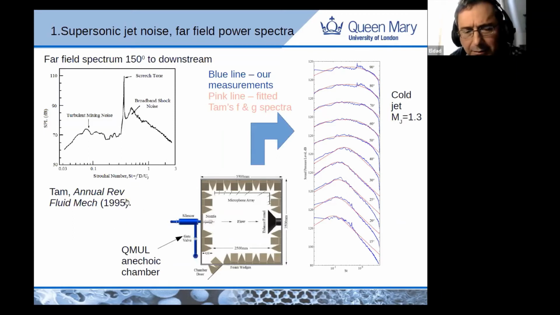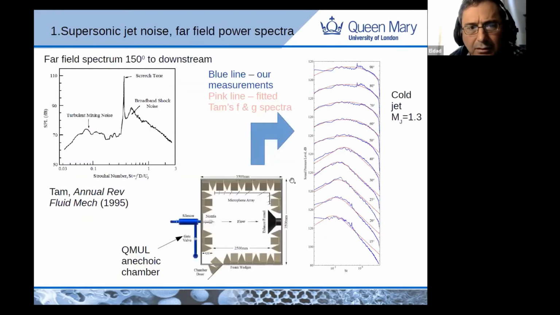The background of the reservoir is at room temperature. And we see over here the kind of spectra that we got, and it fits quite well with Tam's F and G spectra. So we got quite a good agreement, though our microphones are set here, not exactly in the conventional way. The conventional way would be more in an arc, but this is just due to structural requirements, so we made it in this way.